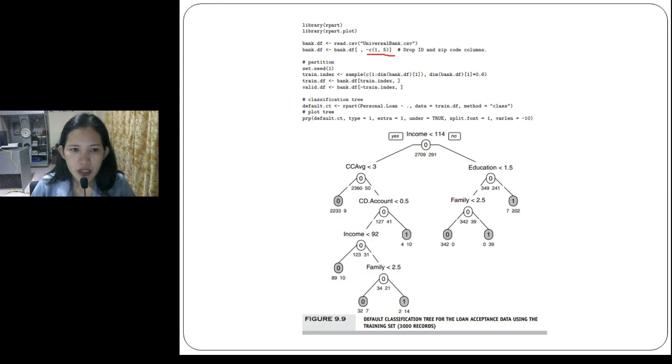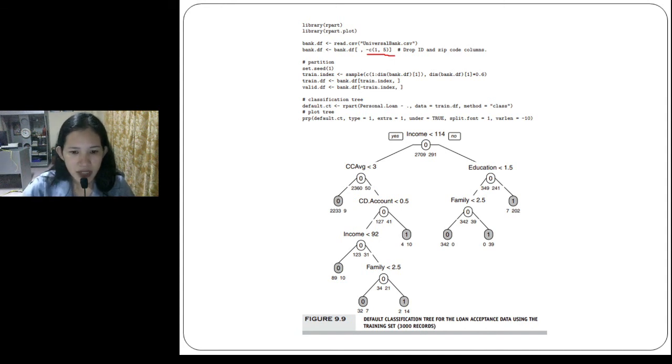Now to plot and show the tree, we use the prp function. We use the default.ct classification tree, then assign the arguments type equals 1, extra equals 1, under equals TRUE, split.font equals 1, and varlen equals -10.